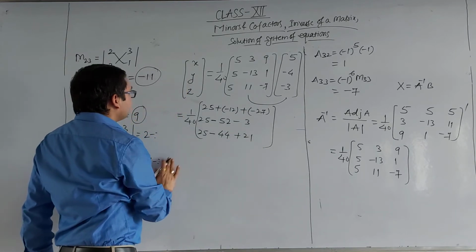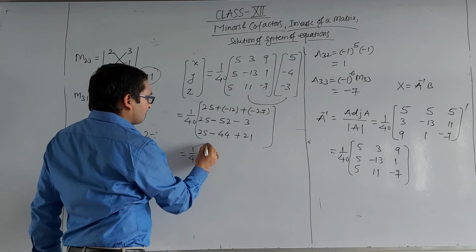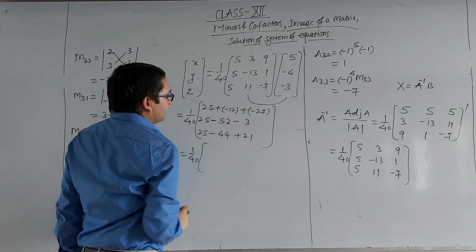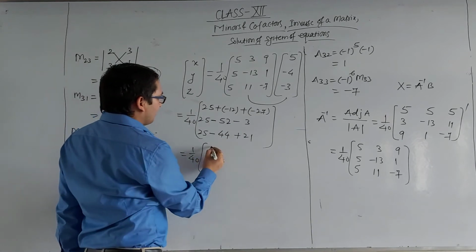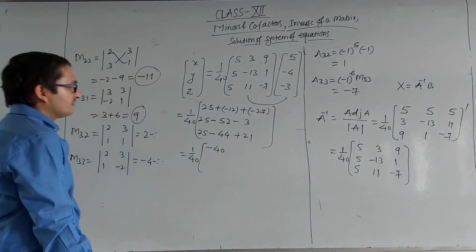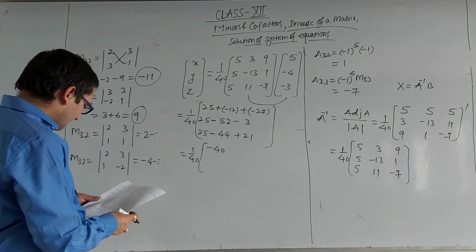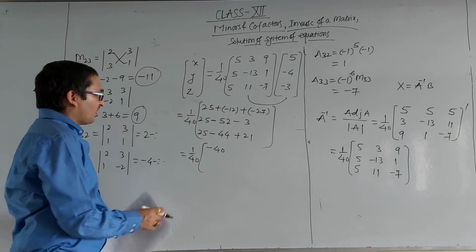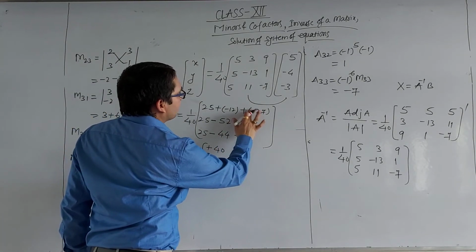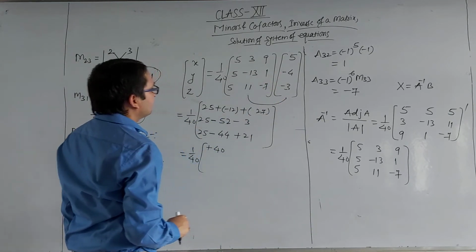It will be equal to 1 upon 40 and 25. This will be how much? 27, 21. I think minus 40. It will be minus 40 plus 40. This will be 27, correct? 9 times 3 is 27.